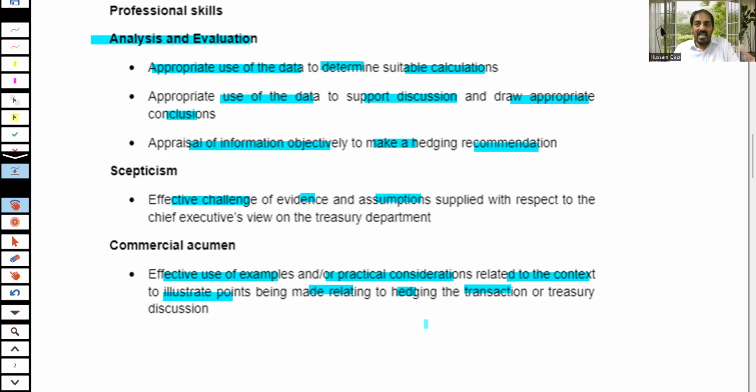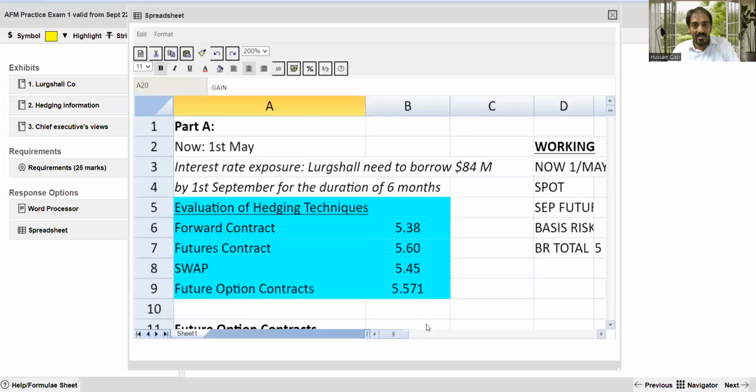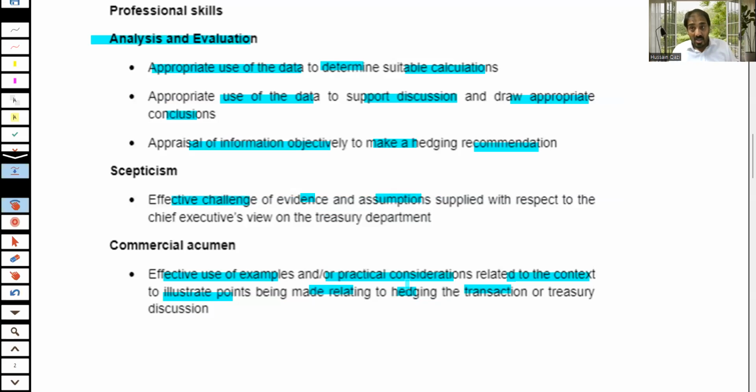Same points. For example, in this case option is the worst situation, the highest cost. But with your knowledge and illustration, you will mention that it depends on the attitude to risk. There are 4 hedging techniques. The first 3 techniques are binding contracts, but an option has flexibility.